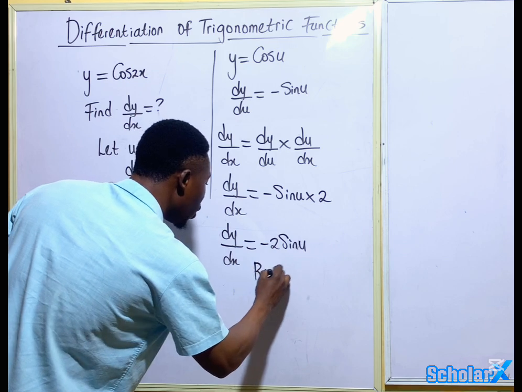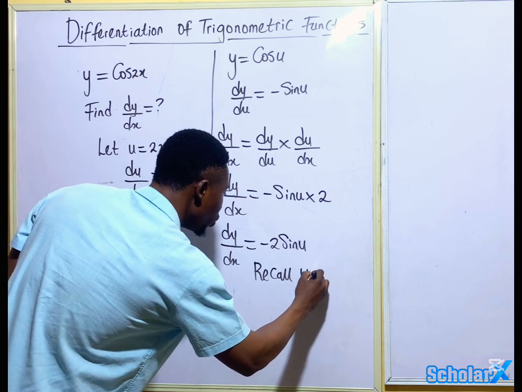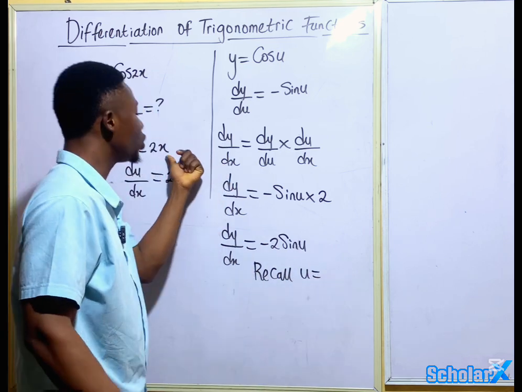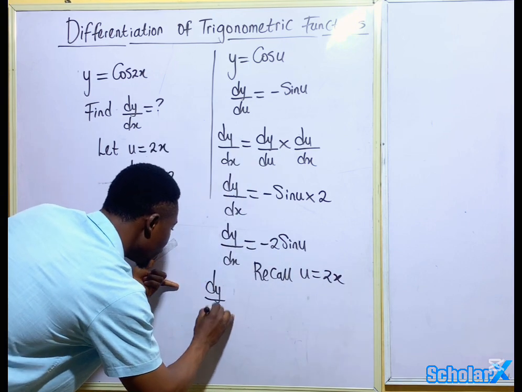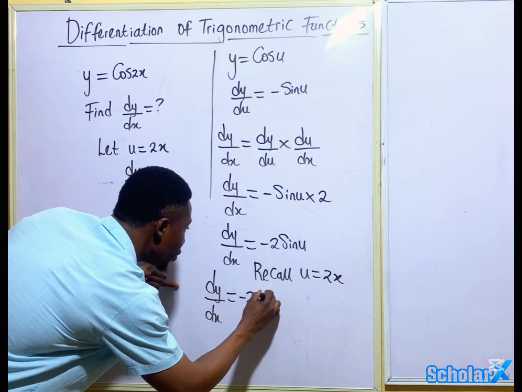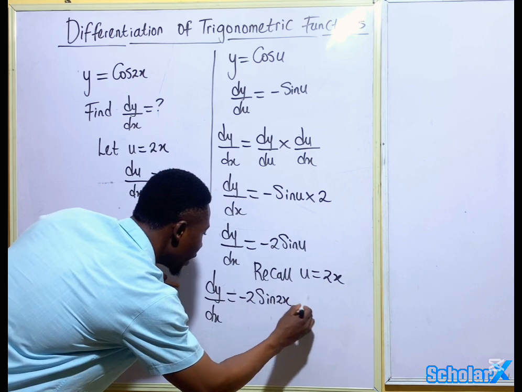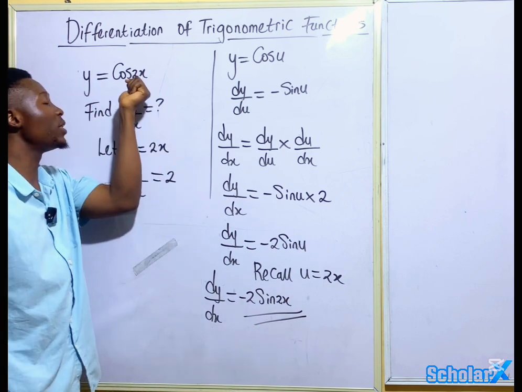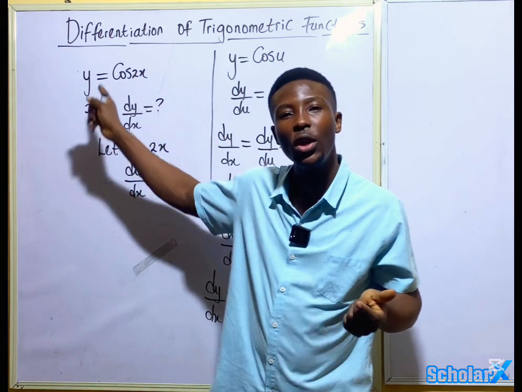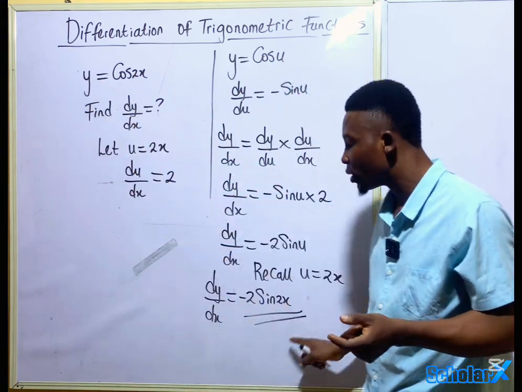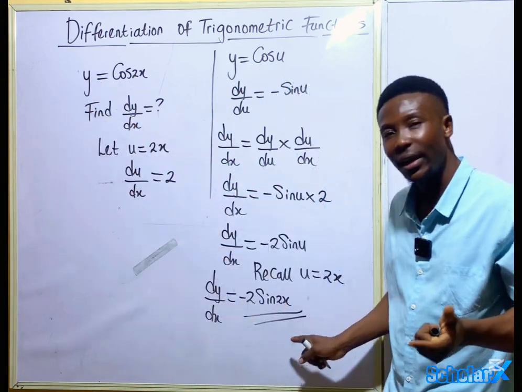So recall also that u should be equal to 2x. So it means that your dy/dx is now going to be equal to minus 2 sine 2x. And that is the differentiation of cos 2x, or the derivative of cos 2x. So if you differentiate cos 2x, you're going to have minus 2 sine 2x.